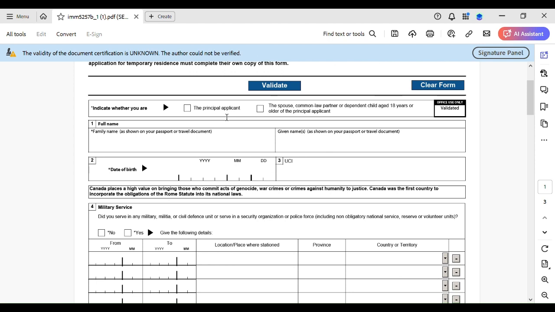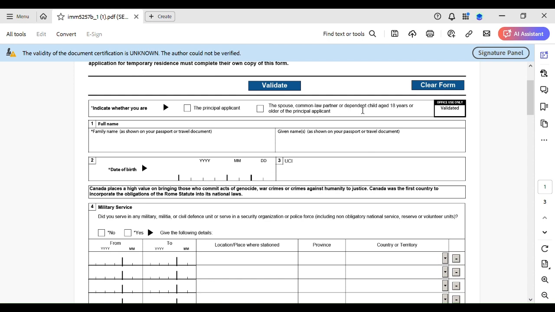First, who you are, okay? Whether you are the principal applicant, or the spouse, common law partner, or dependent child aged 18 years or older of the principal applicant. For yourself, you just click here. For your spouse, your children or your siblings or somebody else, you need to fill out here, like spouse, common law partner or dependent child.